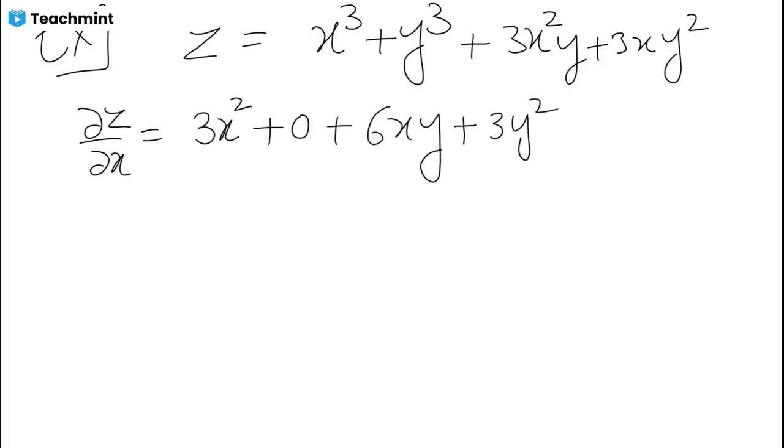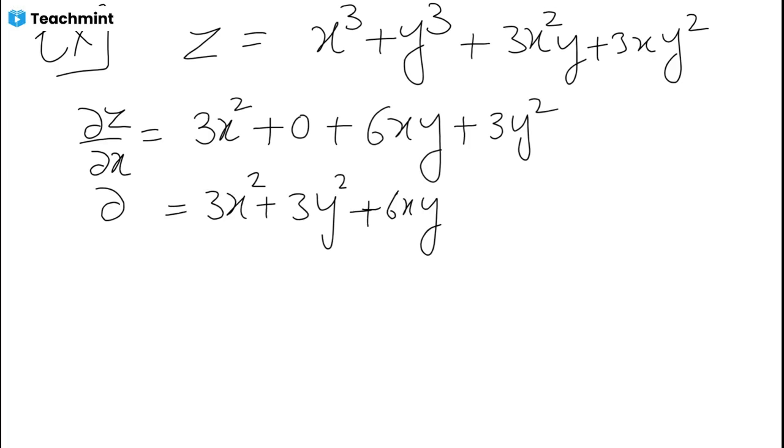Or we can write 3x square plus 3y square plus 6xy. This is del z over del x.